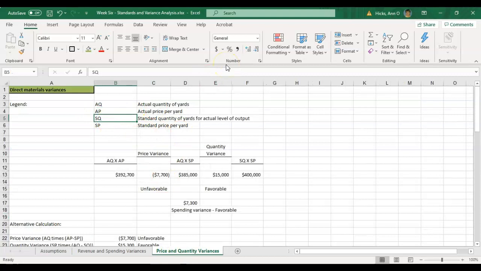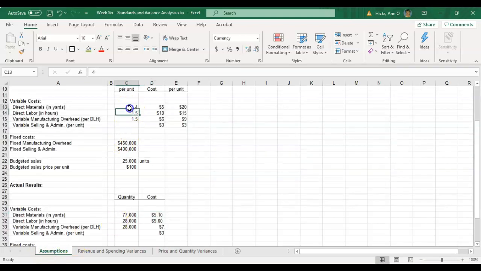SQ, this is a little trickier. I want to spend a minute on this. Standard quantity of yards for actual level of output. So our standard quantity, you'll remember, of material was 4 yards per unit.